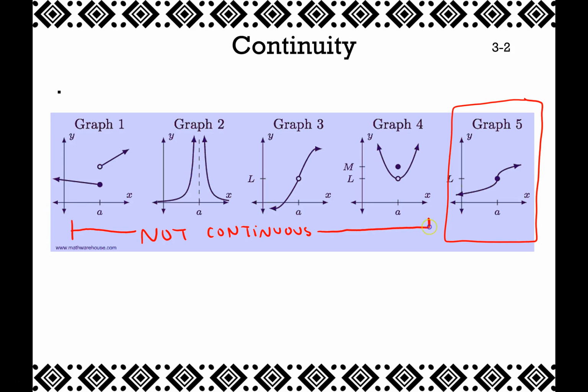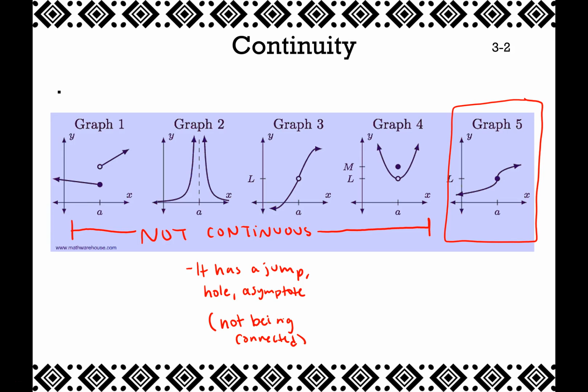What is a kind of informal way of saying that something is not continuous? Well, we could say that it has a jump. It has a hole, maybe an asymptote. We can think of it as not being connected.